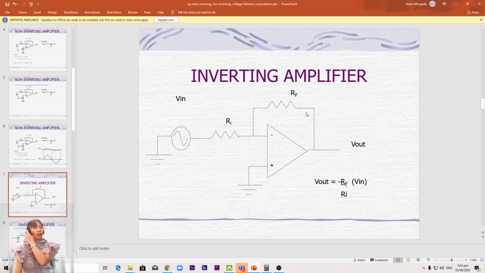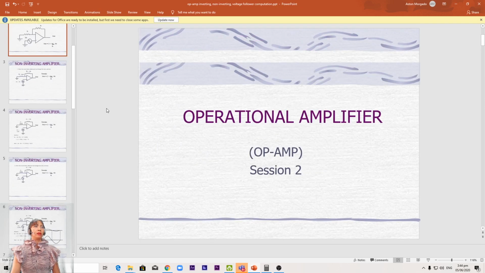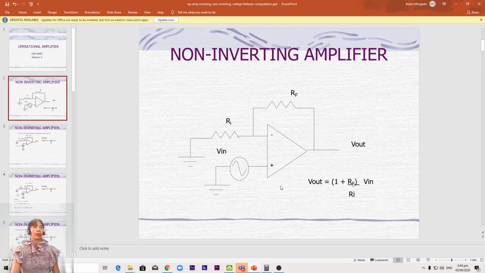As you can see, the RF and RI are in the same place, but it is the Vin that defines whether the circuit is inverting or non-inverting. So if the Vin is connected to the negative input, that means it is inverting. Whereas if the Vin is connected to the positive input, that is non-inverting. So that's how you differentiate the inverting from non-inverting.